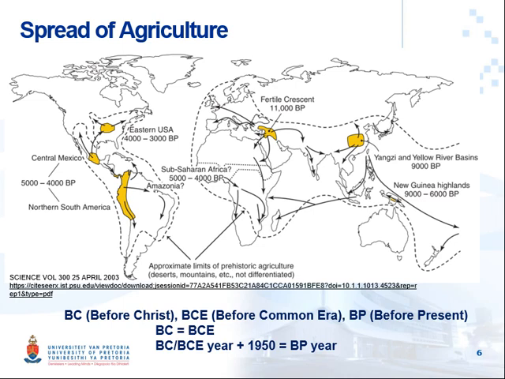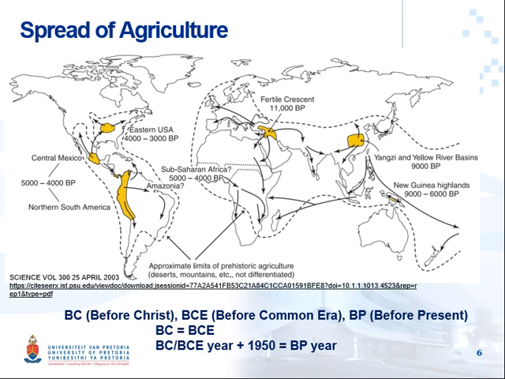BC and BCE are the same. For example, 5000 BC is the same as 5000 BCE. No difference. But 5000 BC is equal to 6950 BP. Okay, it's very simple. Let's go back to the figure.